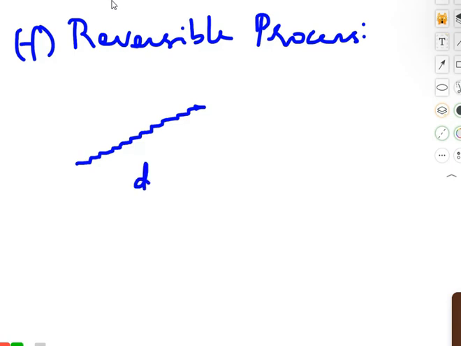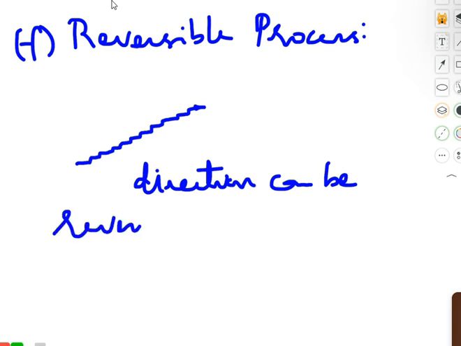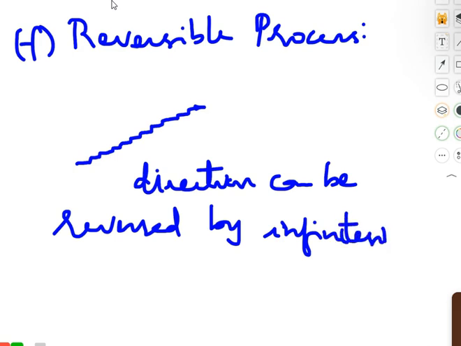If it can be reversed by an infinitesimally small change, we call it a reversible process.